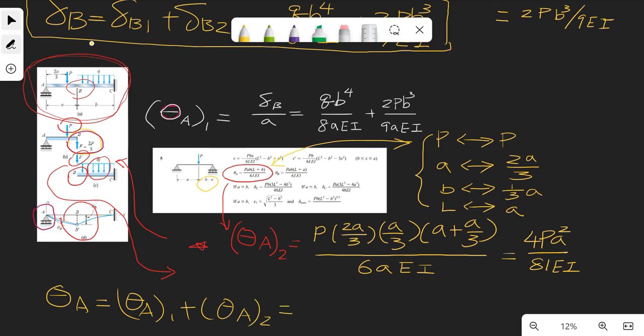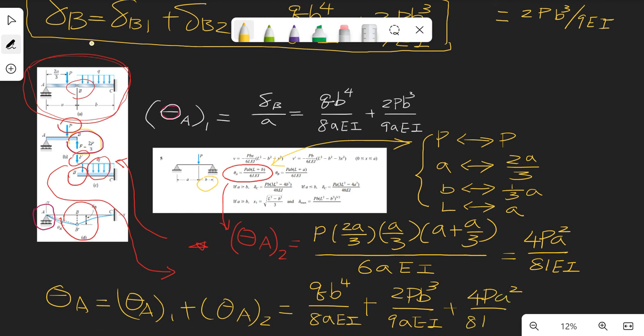And when you combine this all together, it is equal to QB 4 at A EI plus 2PB 3 over 9A EI, plus 4PA squared divided by 81 EI.